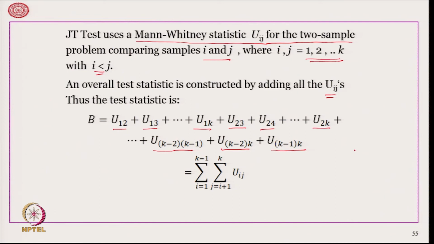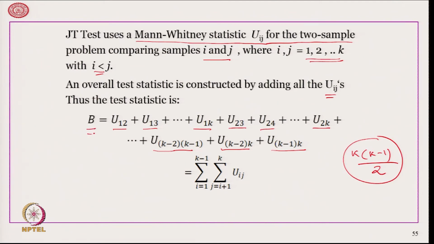Since we have k into k minus 1 by 2 different pairs, we have to compare all of them and obtain the corresponding Mann-Whitney statistic.